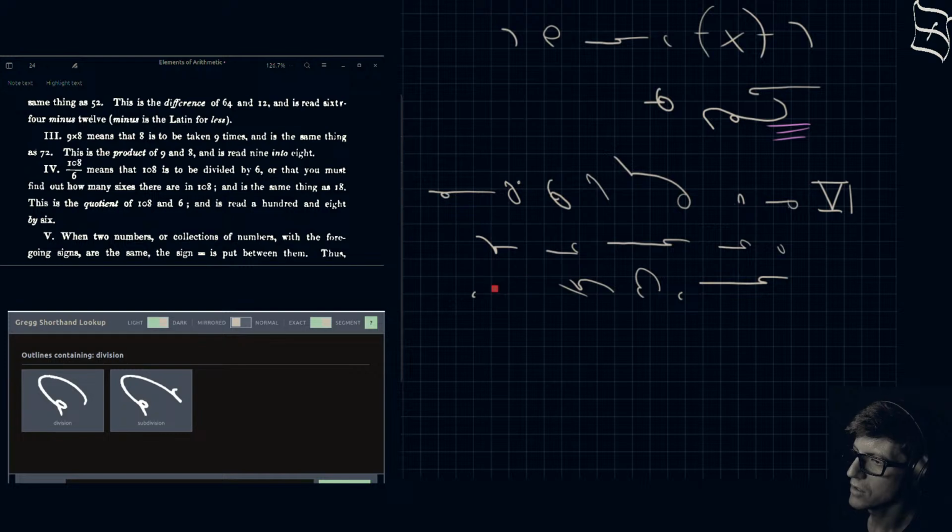Let's make division just a little bigger so that it's separated from this.